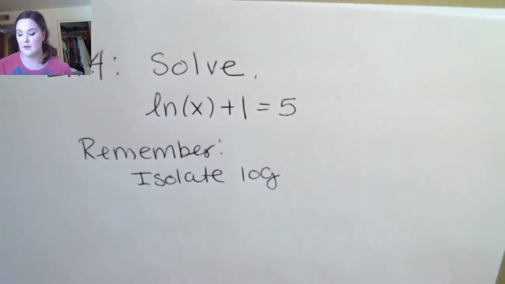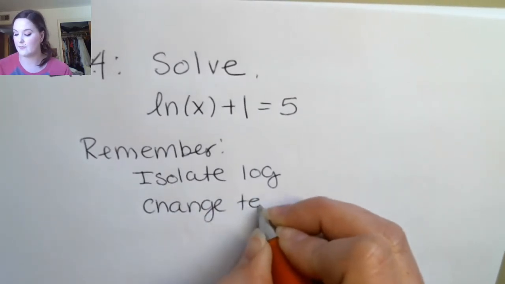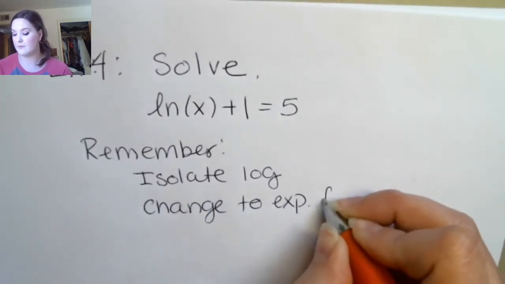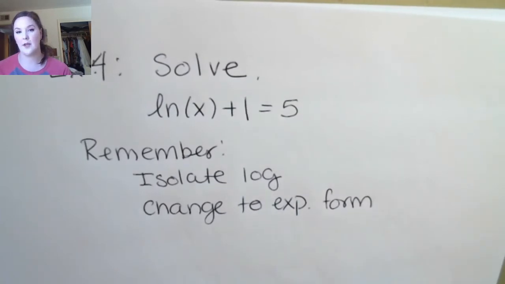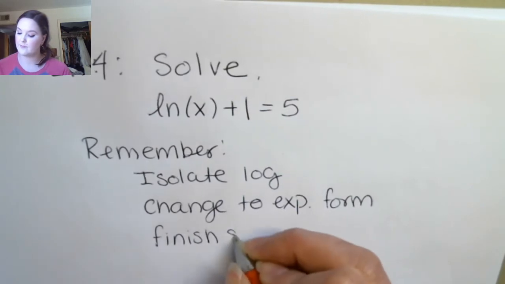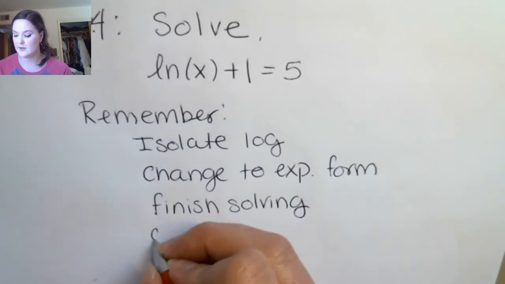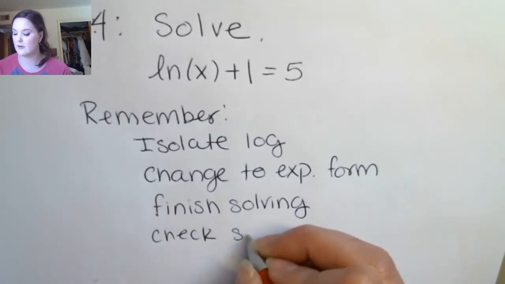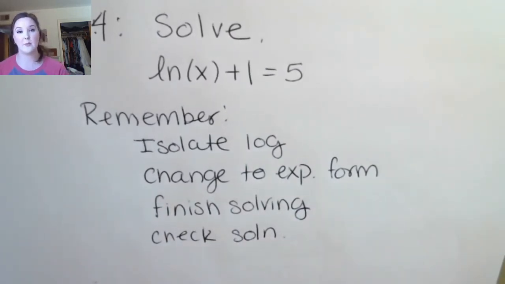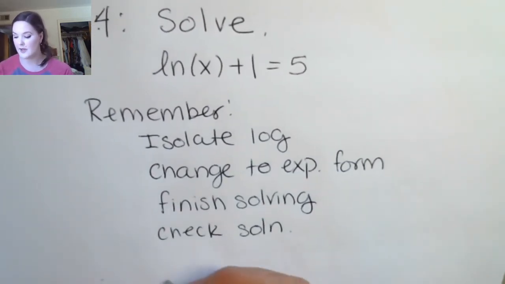Then you are going to change to exponential form. And then you're going to finish solving. And the last thing you want to do is check your solution. And remember, you're not checking for mistakes. You're checking to make sure that you're allowed to plug that solution in, because you know you can't plug negative numbers or 0 into a log. Okay, so let's do that here.